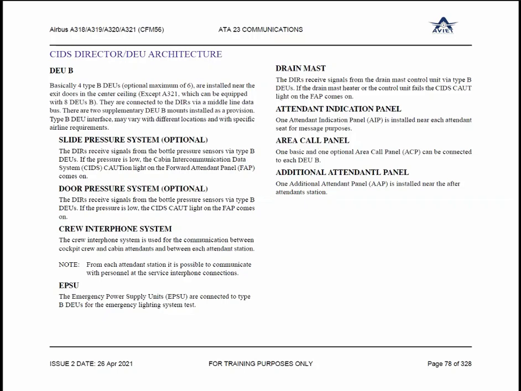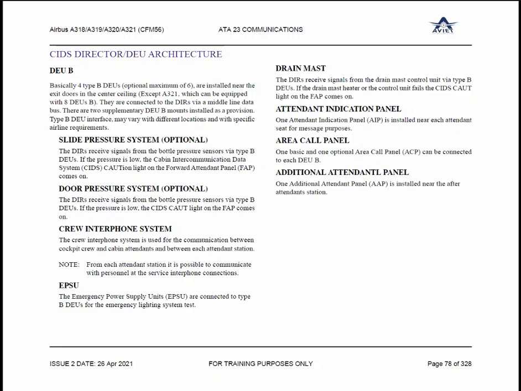Slide pressure, as we discussed, is optional. Door pressure is optional. It is a pressure switch only, nothing else. Cabin crew interphone system, cabin crew handsets are connected. The cabin crew interphone system is used for communication between the cockpit and cabin, and between cabin crew also, forward and aft cabin crew.